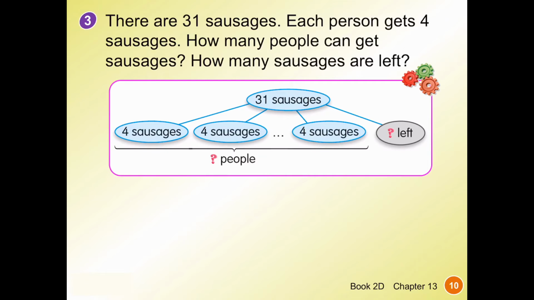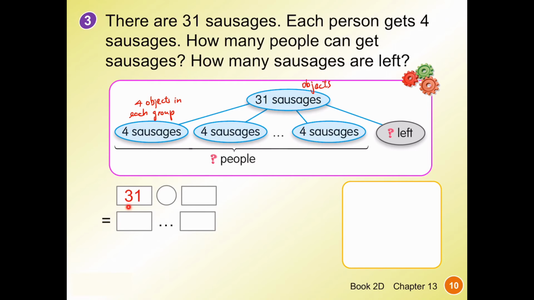So 31 objects, and we know that in each group there are 4 objects, and we'd like to find out the number of groups or the number of people here, and we also want to know how many sausages are left.